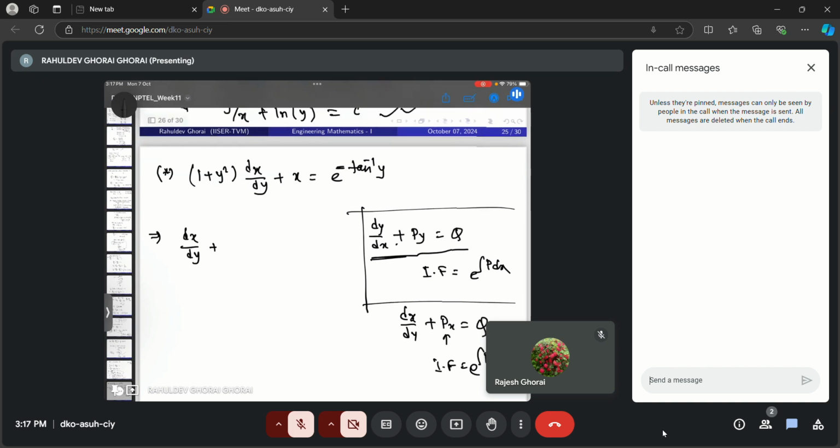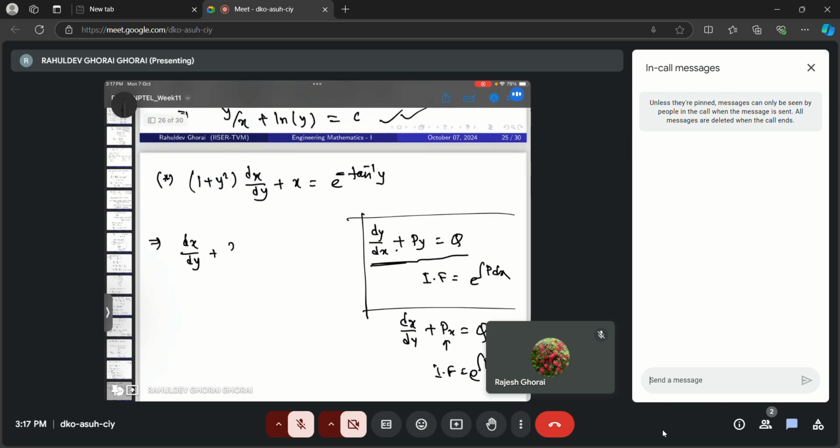Like this. So here, dx/dy + 1/(1+y²) times x = 1/(1+y²) e^(-tan⁻¹y). So what will be the integrating factor here?